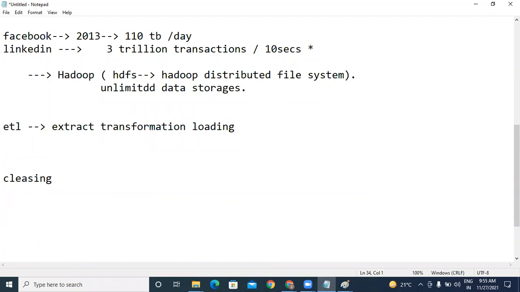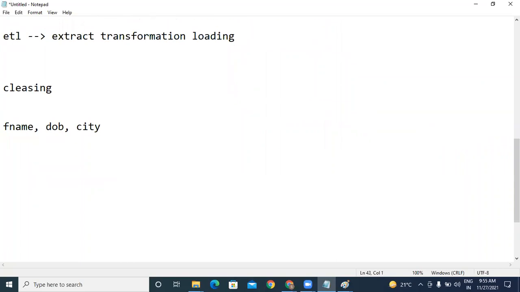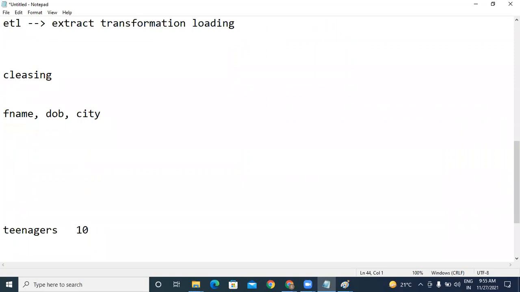You are entering your first name, your date of birth, and your region or city. Think that these details you give at the time of signing up. But at the end of the day, the application needs one analytics. How many children or how many teenagers signed up? Okay. How many middle-aged people signed up?